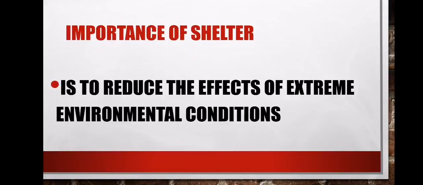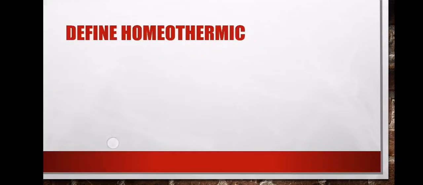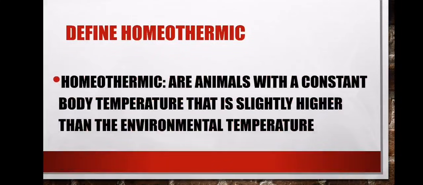Because once the temperature is very low, you will find that the animals will not produce the optimum production, even if it is high. So what we must do is provide them with shelter.